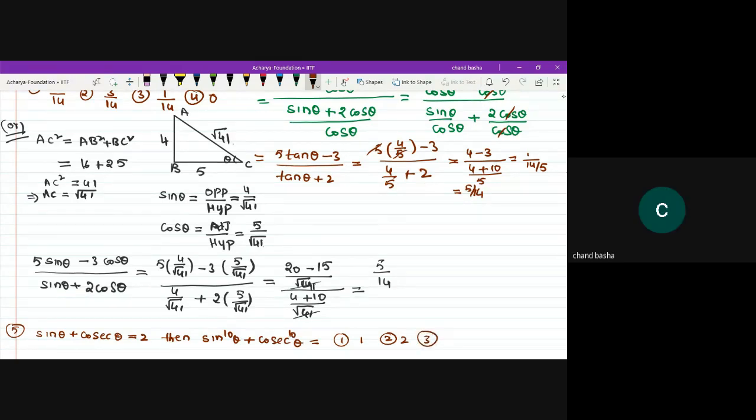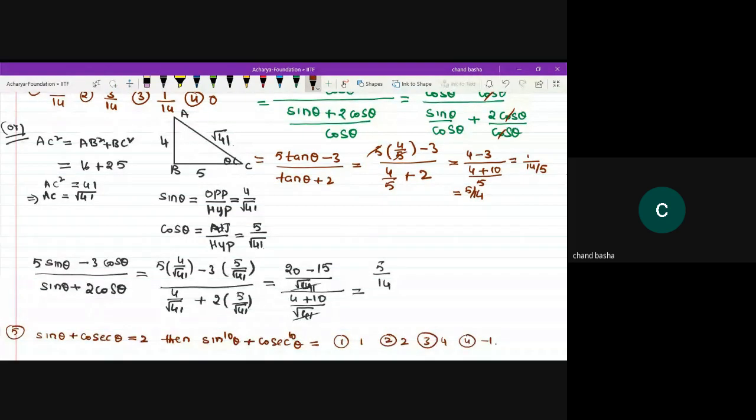No, 2 power 10 is not given in the options. These are the 4 options we have. You can work on it. If you're having any problem with this question, we'll discuss it in the next class. In the last option, I can take none of these.